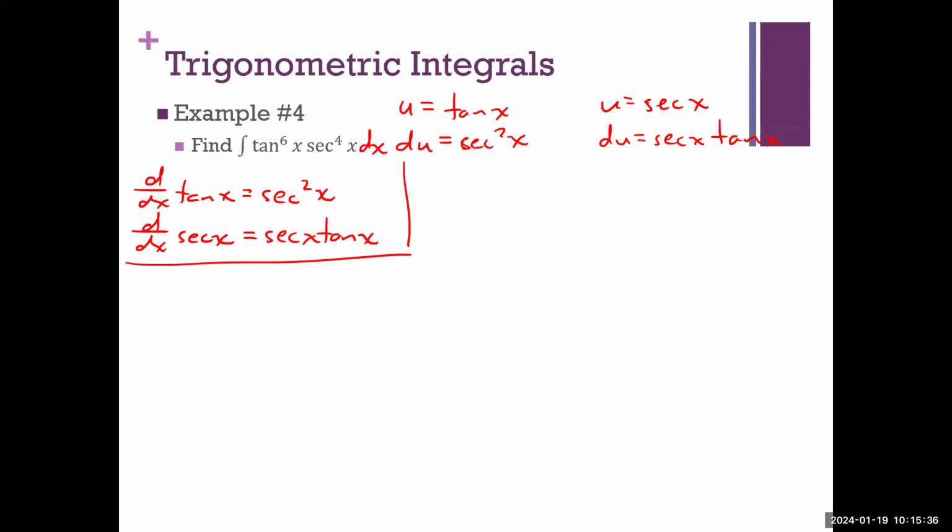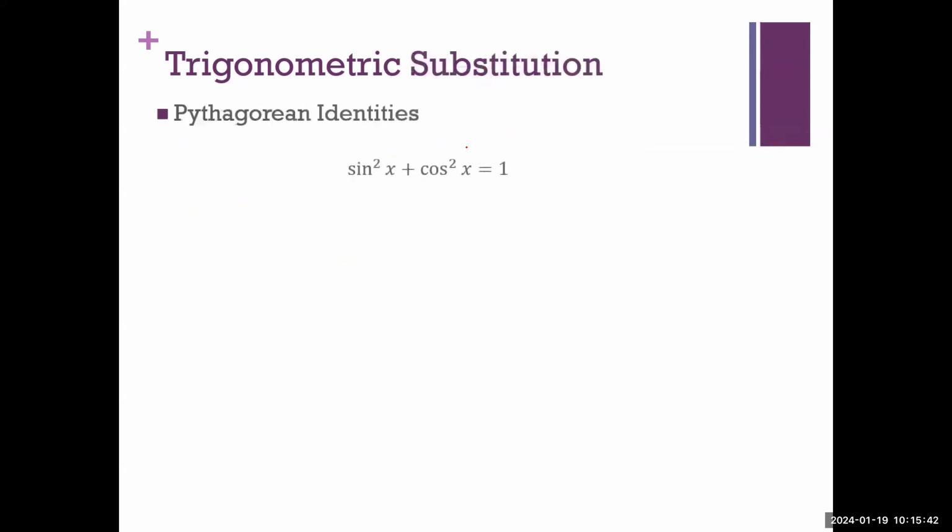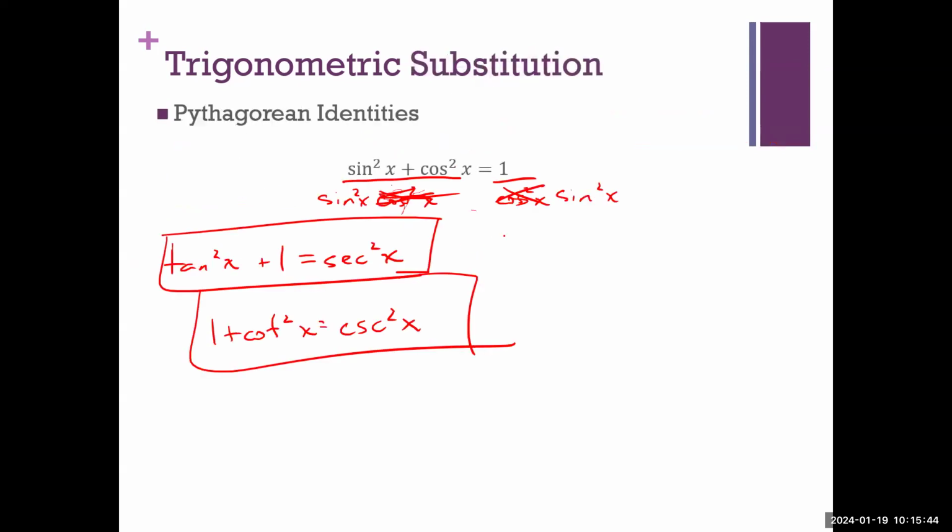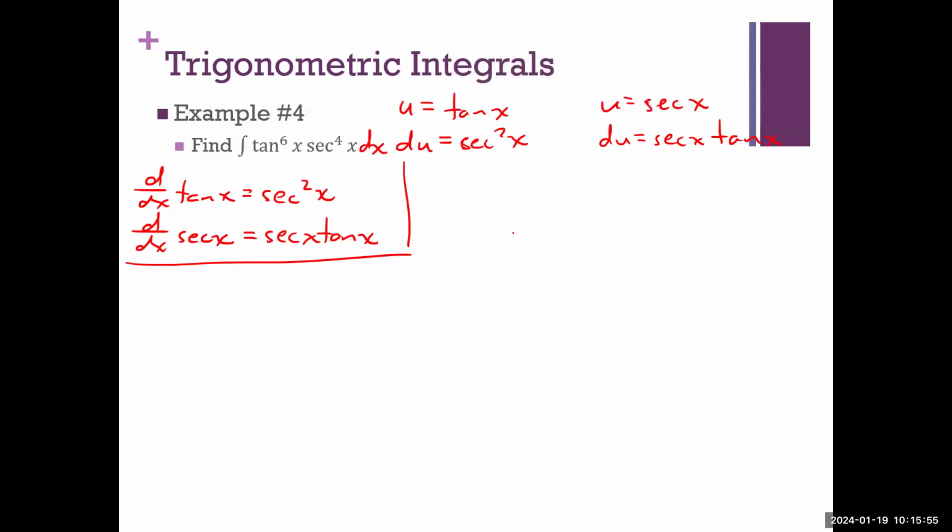So right now we have tangent to the sixth and secant to the fourth of x. Based on these new identities we just talked about, especially this one here, we can start exchanging even powers of secant for even powers of tangent and so on. So can we start doing something like that?